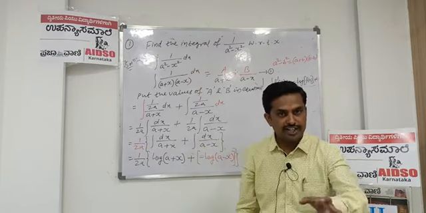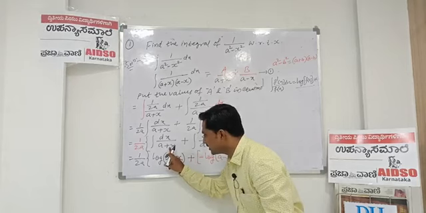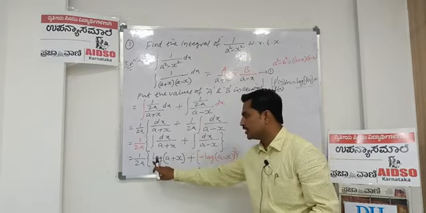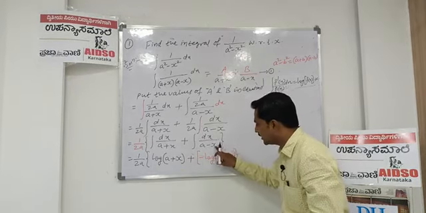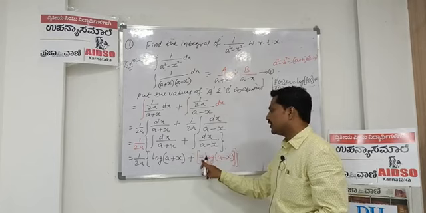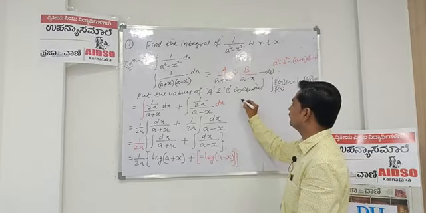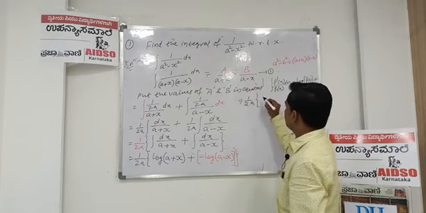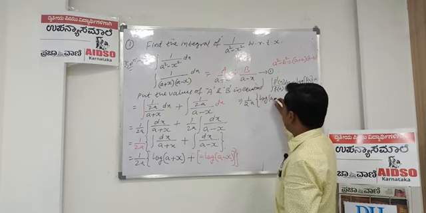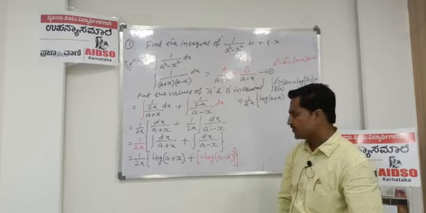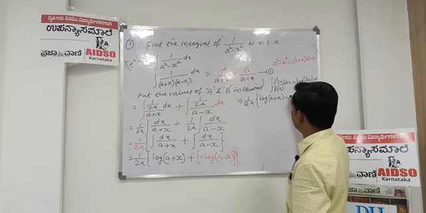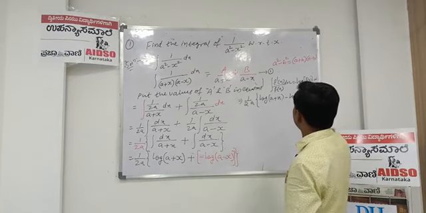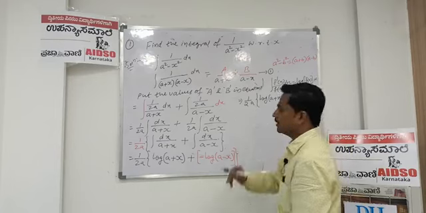So slight changes. Look at this, plus x is there, directly we have introduced plus log of a plus x, but here it is minus x, so we are introducing it with minus sign. Then further in the next step it will be equal to 1 by 2a, log of a plus x, plus minus log of a minus x.